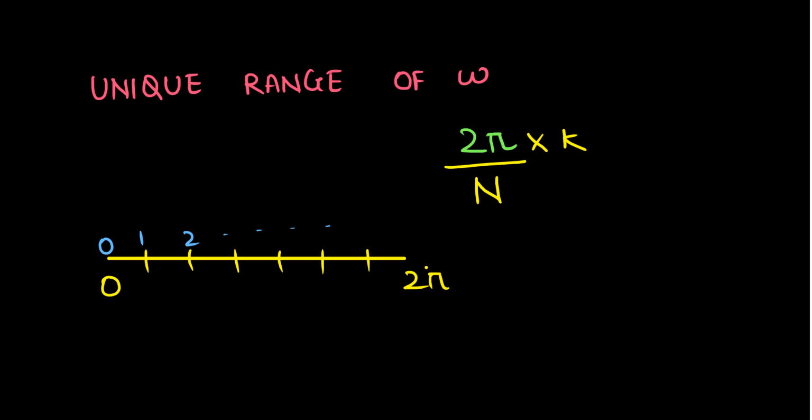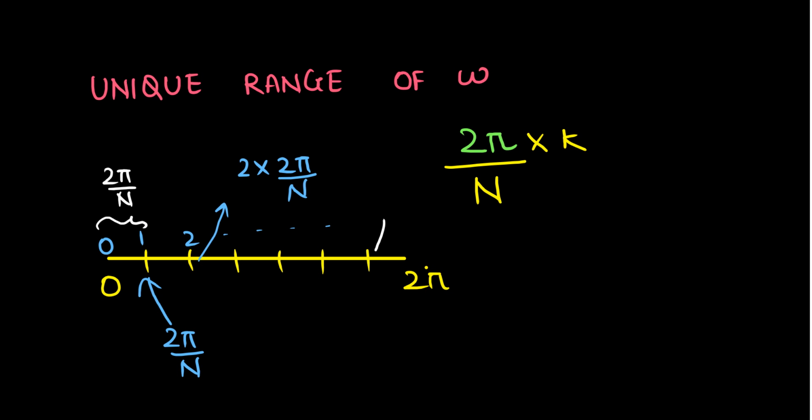And as this interval length is 2 pi by N, this sample here will be equal to 2 pi by N. The sample here would be 2 into 2 pi by N. And the last value will be given by k as N minus 1. So when we discretize this omega as 2 pi by N into k, this k will be varying from 0 to N minus 1.